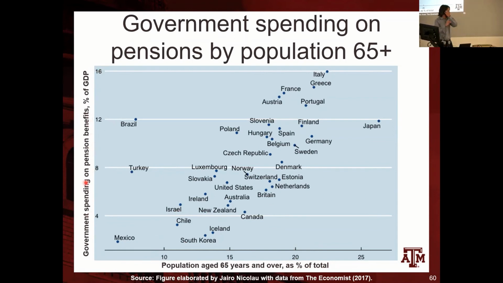Pension benefits, exactly related to giving support to older people. And that's the government spending on pension benefits as a percentage of GDP, the gross domestic product, as a percentage of everything that's produced in a specific country.